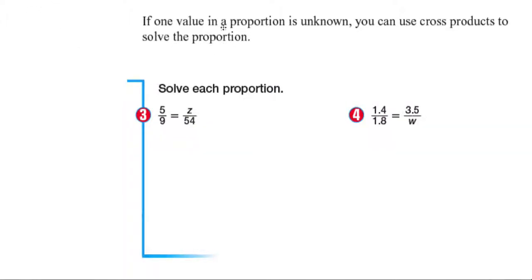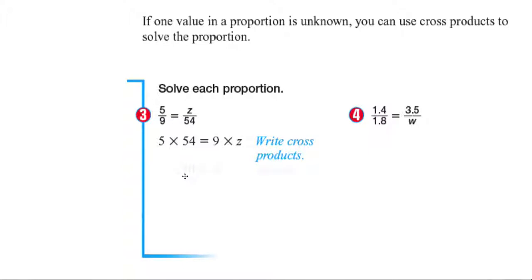If one value in a proportion is unknown, you can use cross products to solve the proportion. Let's take a look at this example: 5 over 9 equals z over 54. So we get the cross products. You now have 5 times 54 is equal to 9 times z.